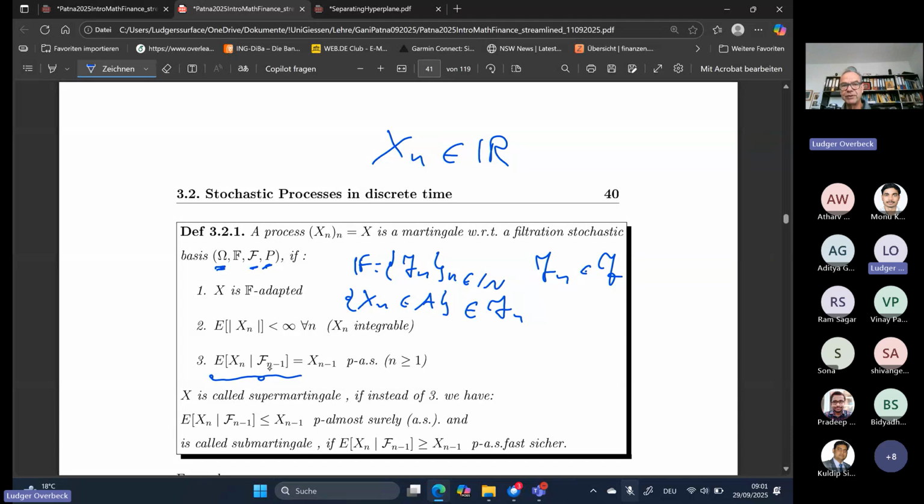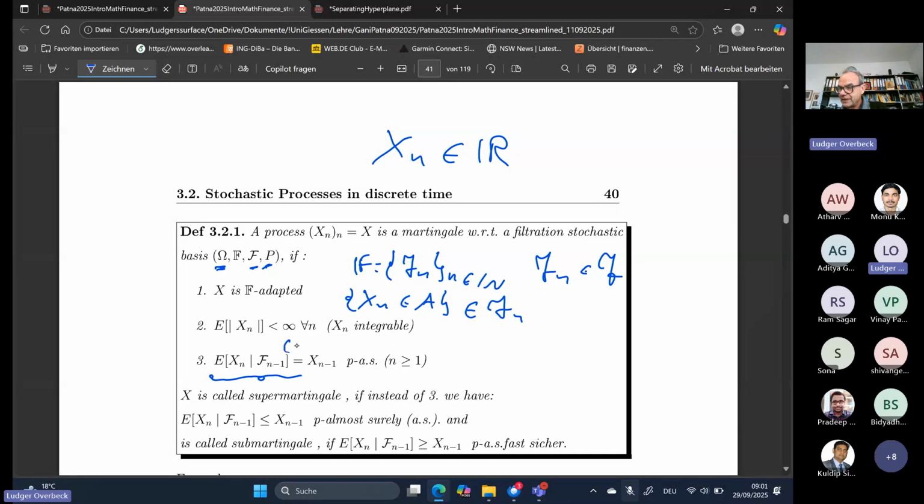This means if I know in future the value, this is known in future, Fn, because Xn minus 1 is Fn minus 1 adapted. So this is more or less, at future time point n-1, deterministic. If I know Fn-1, I actually know the value Xn-1 on each omega.